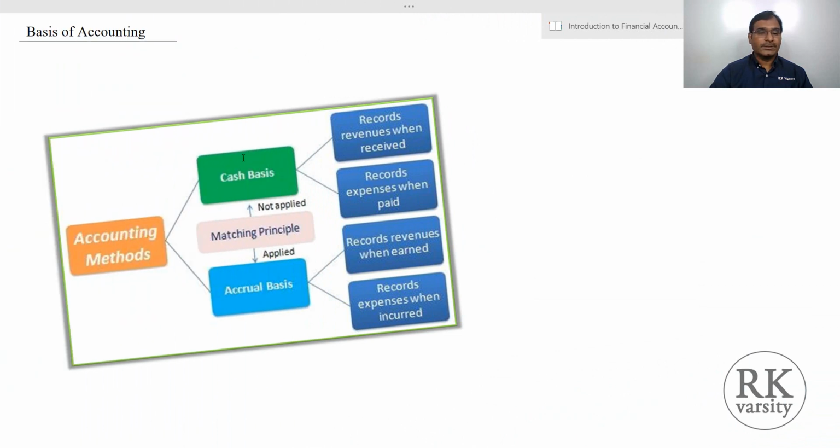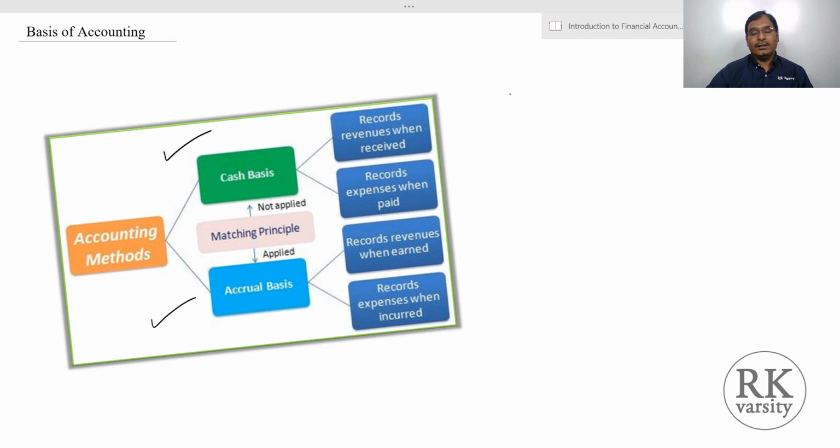First, I'll explain who is supposed to use these two, how this is done, when it is required, what is the difference between these two methods, and how important these two are for an accounting professional. The basis of accounting or accounting methods are broadly classified into the cash basis and the accrual basis.